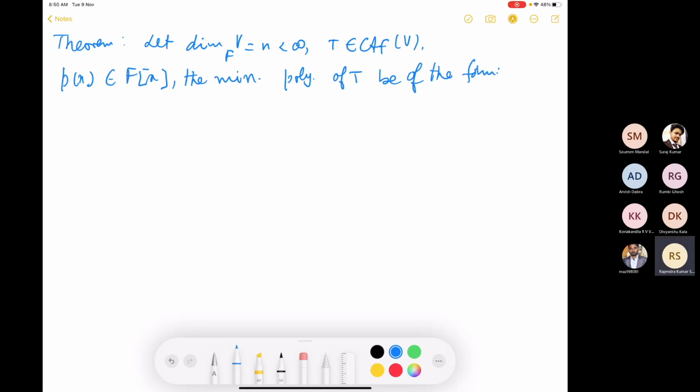a polynomial. So you can write this as a product of irreducible factors.